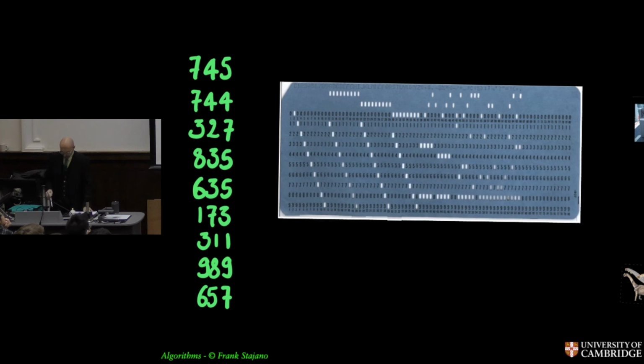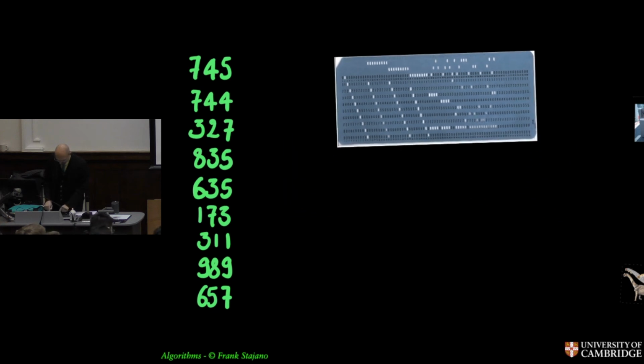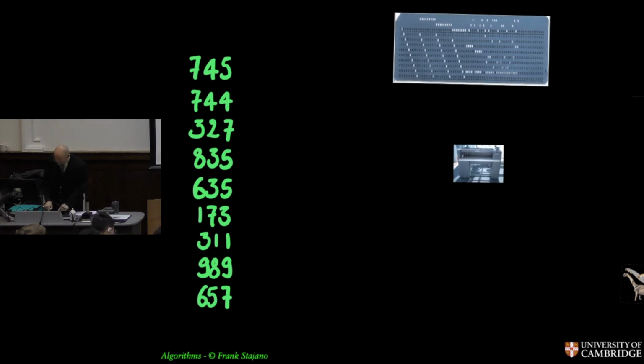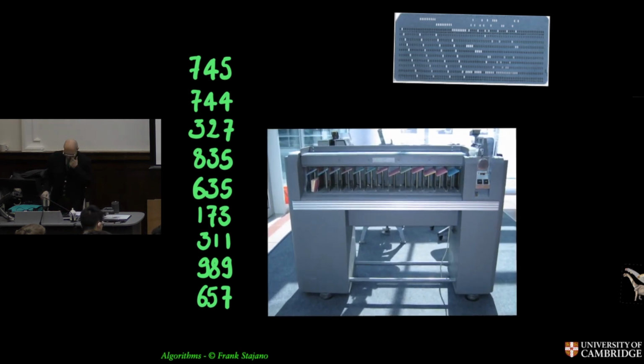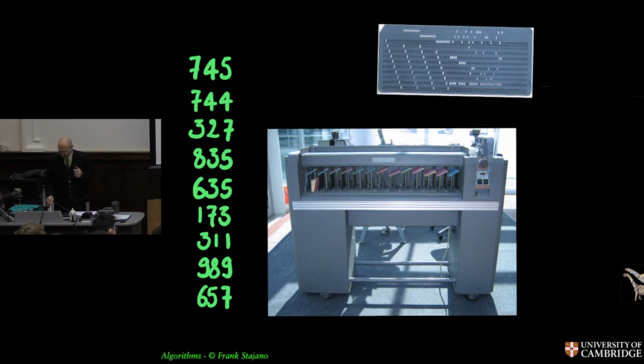And anyway, these things were popular before computers existed, and there existed mechanical devices like this, bigger than this desk, where you could put a pack of cards in one end, and it would do some processing on them.